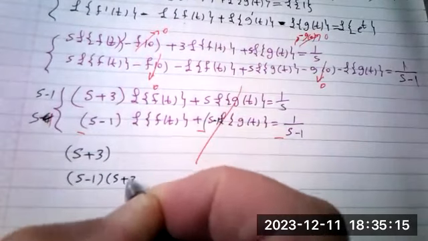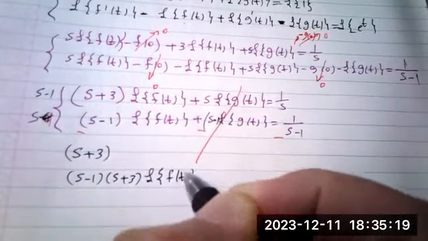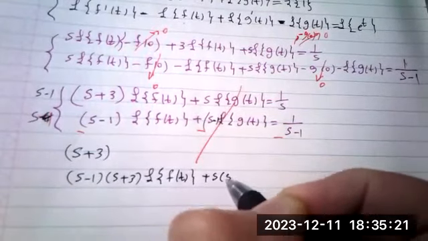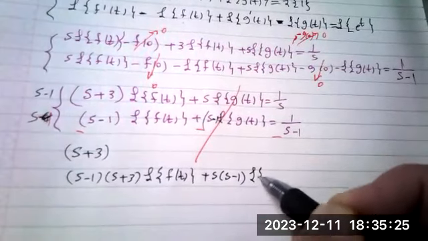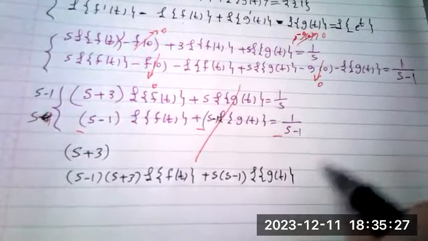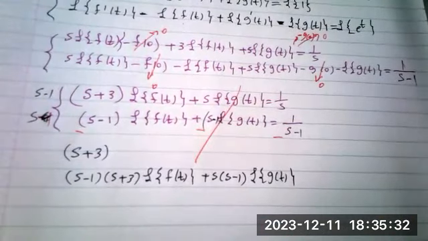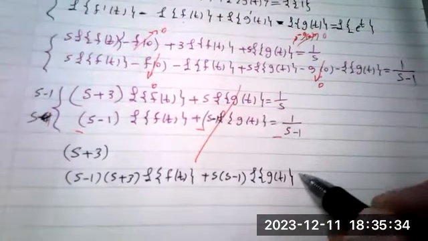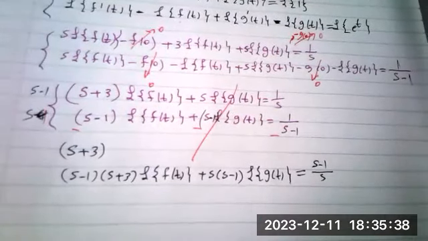s plus 3 Laplace of f of t, and this is going to be s times s minus 1 Laplace of g of t. And on the other side, you get s minus 1 over s. Okay, so that's the first one.